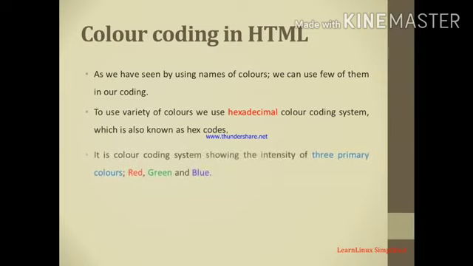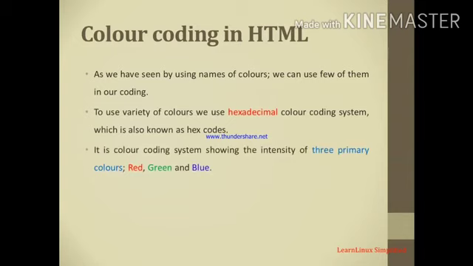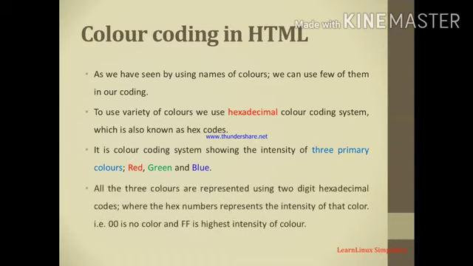Now what is hexadecimal? It is a color coding system showing the intensity of 3 primary colors, which are red, green and blue. All the 3 colors are represented using a 2-digit hexadecimal code, where the hex numbers represent the intensity of that color.